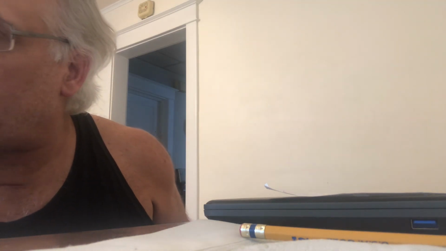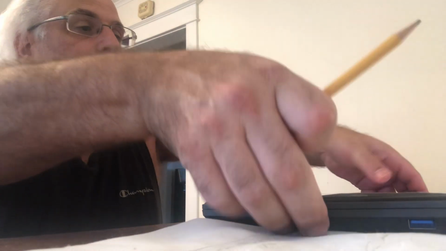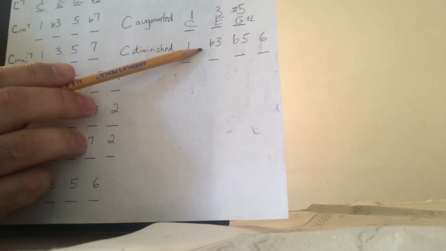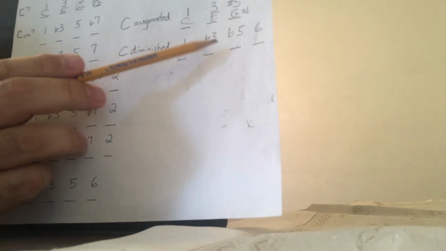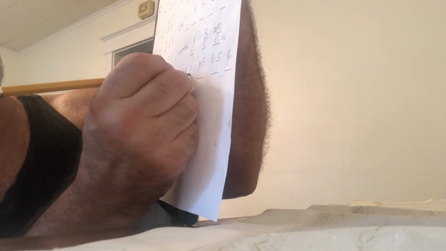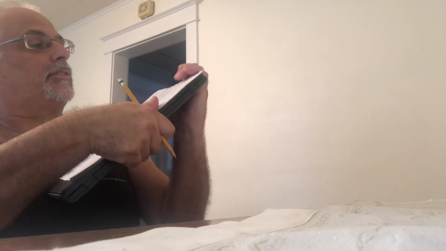So the other basic triad structure I want to talk about is the C diminished. Now the C diminished has a 1, a flatted third, a flatted fifth, and a sixth. If we write out our scale, what's the first note? Obviously, if it's a C diminished, it's C. Then what's the third note in C?